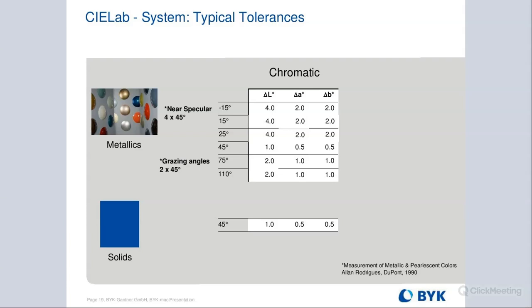If you're standing next to a car and you're looking across the surface of the hood, it's typically a 75 or 110 degree angle. So it's something you see more visually, whereas you're not really going to be viewing a vehicle or a metallic effect product from the negative 15 angles or the 15 angles.